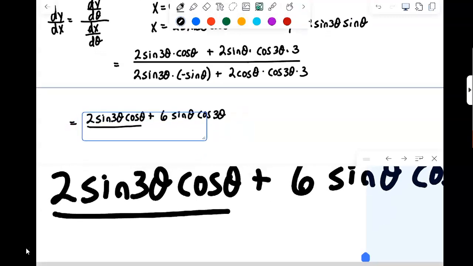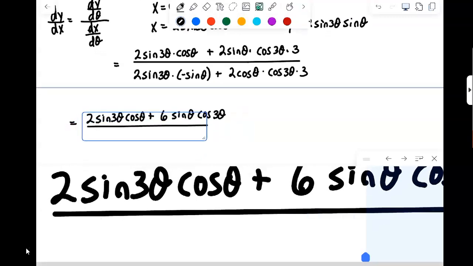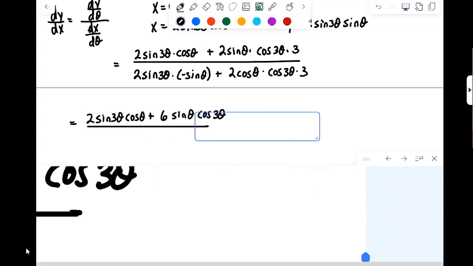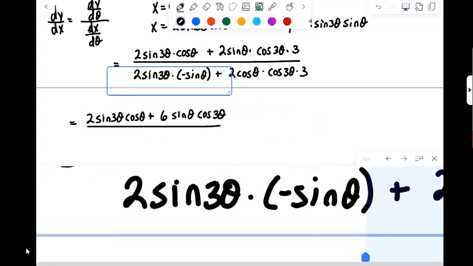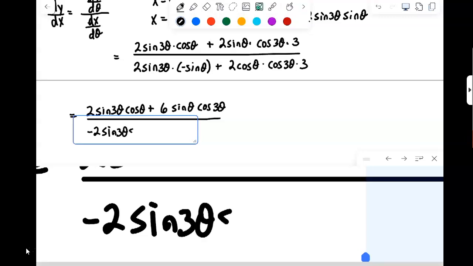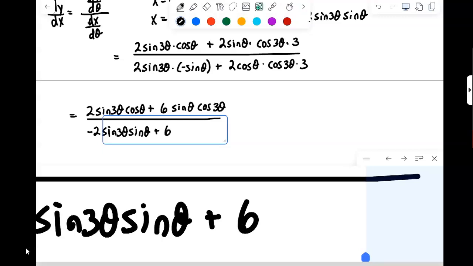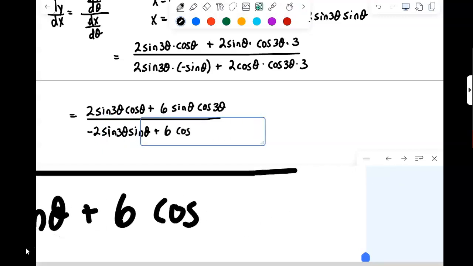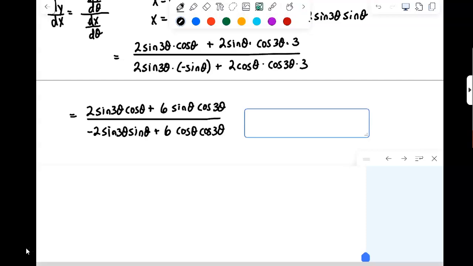And then all that is going to be divided by minus 2 sine 3 theta sine theta plus 6 cosine theta cosine 3 theta. Okay, so that's my derivative.